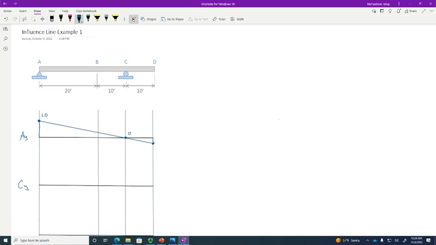How would we find this value right here? Slope ratio. So can anybody eyeball that and tell me what this value is going to be? 1/3. Right? Because we go from 1 is to 30 as something is to 10.